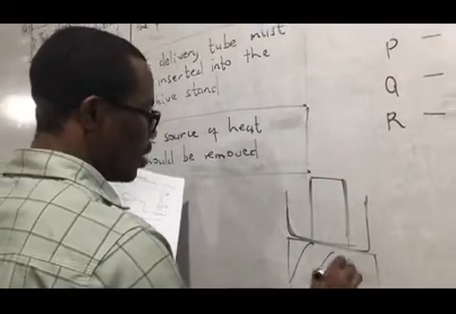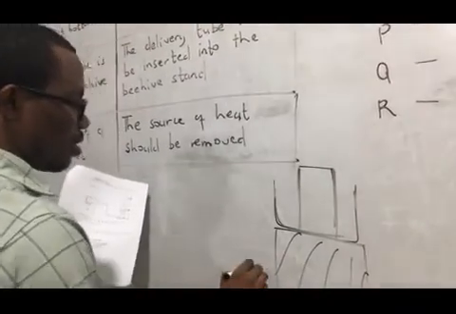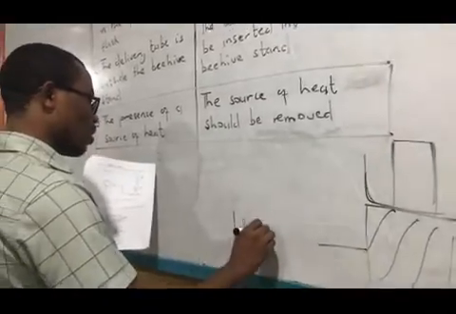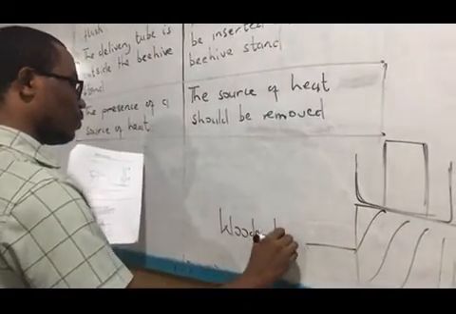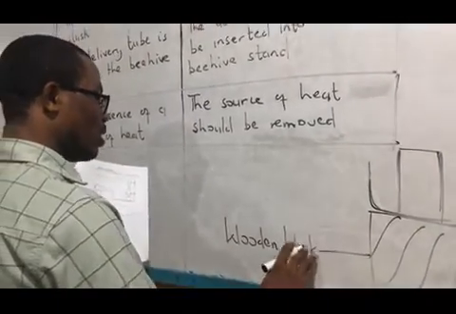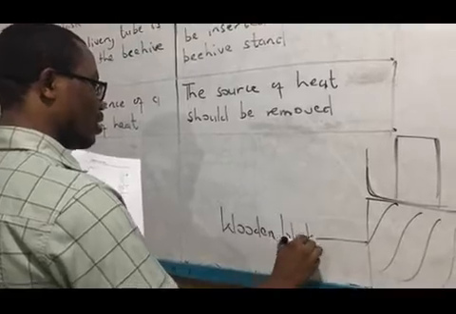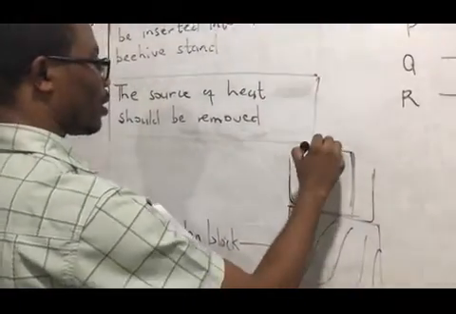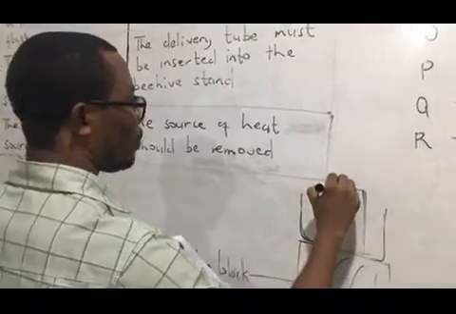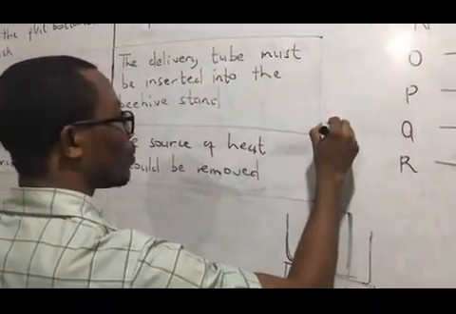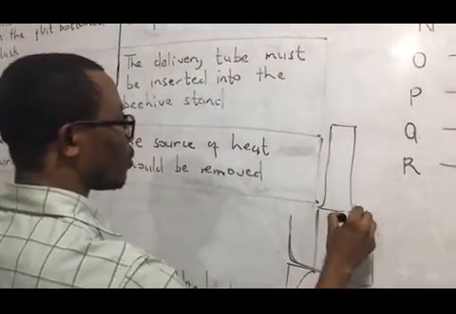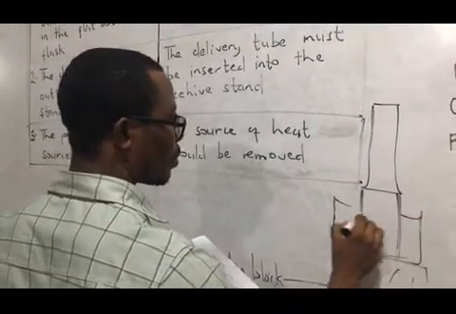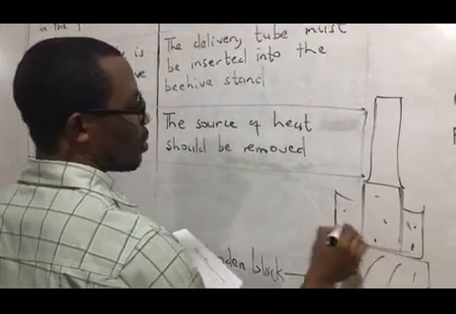There's a diagram. If you are supposed to label this, this is a wooden block. So if you are supposed to label this, then that is the wooden block. So you've gone through this.